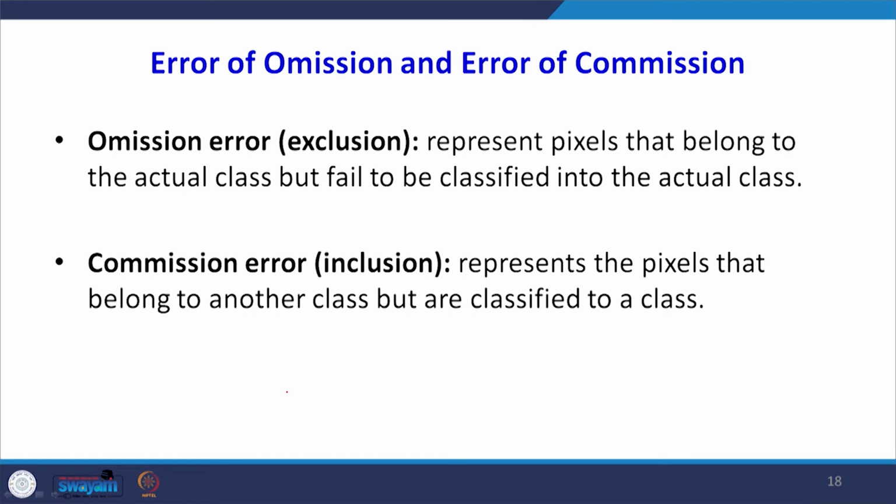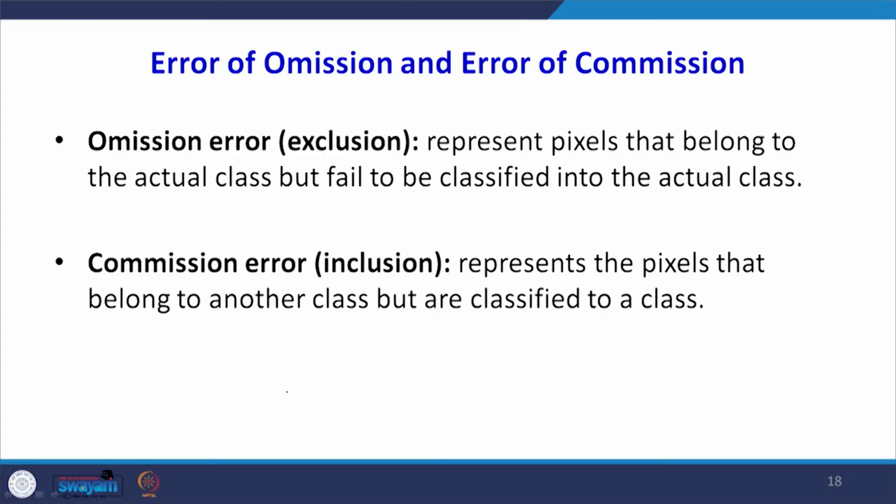total overall accuracy. So, if you remember, I had actually mentioned these two terms, the error of omission and error of commission. So, error of omission is also known as the exclusion error, the error of commission is known as the inclusion error. So, there is a difference between the two. The error of omission represents the pixels that actually belong to that class, but failed to be classified into the actual class.